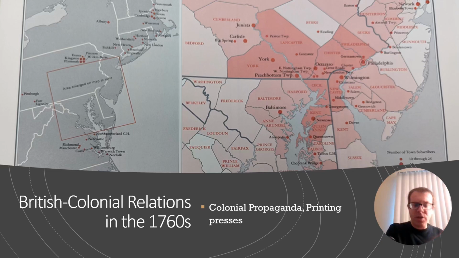And so it's through the spread of printing presses in the Atlantic world, and in the British colonies, that a lot of American colonists were radicalized against Great Britain during this time.